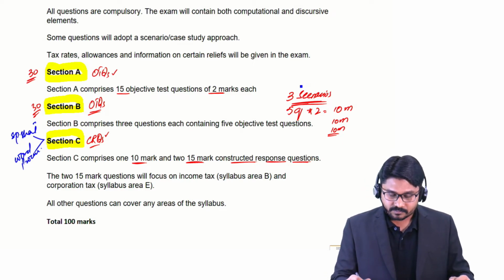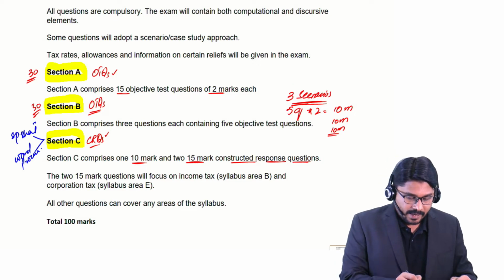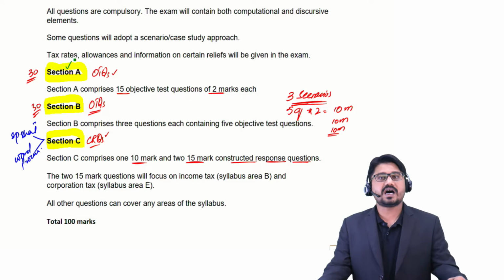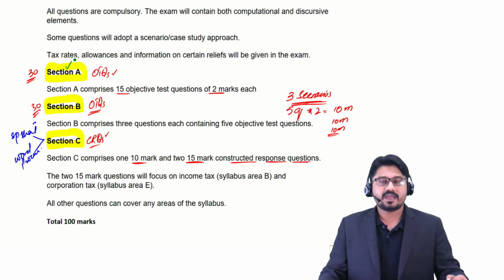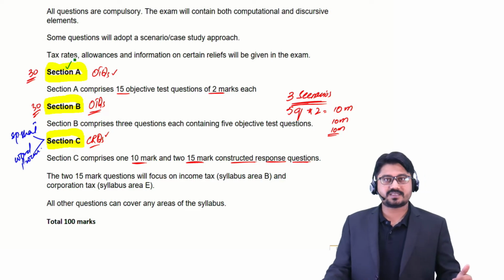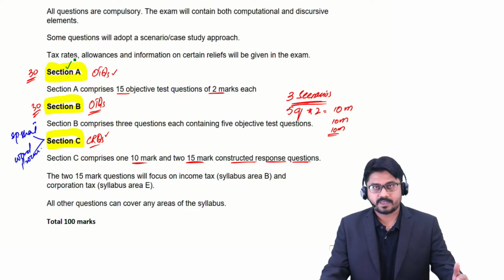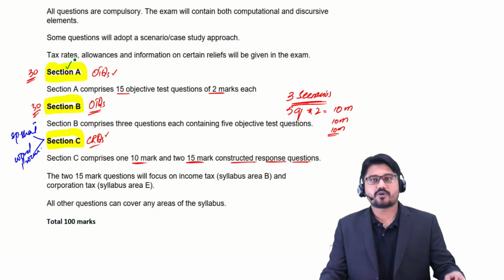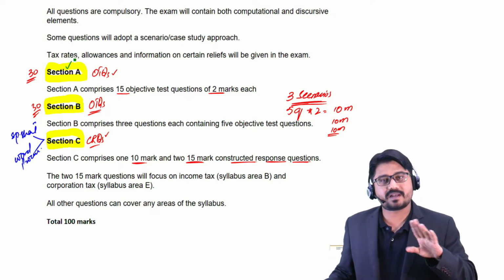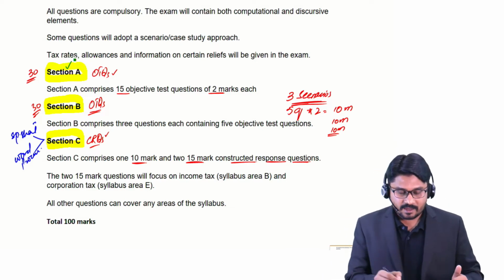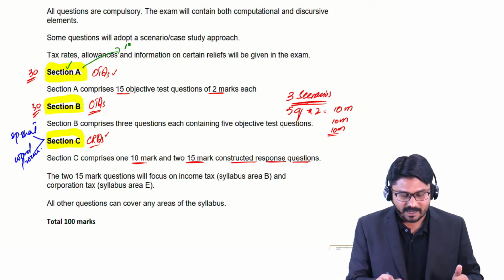Now, importantly, if you think about which areas are to be tested in Section A, what are the relevant areas for Section B, and which areas Section C comes from, I can specify the areas for Sections B and C, but cannot tell you anything about Section A. Section A can come from any area of the syllabus.